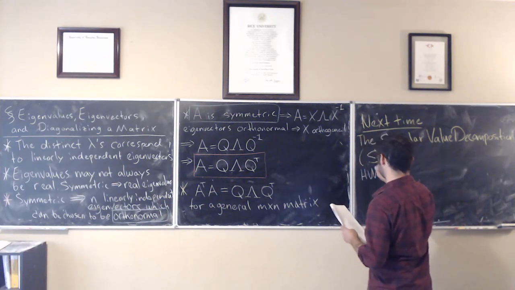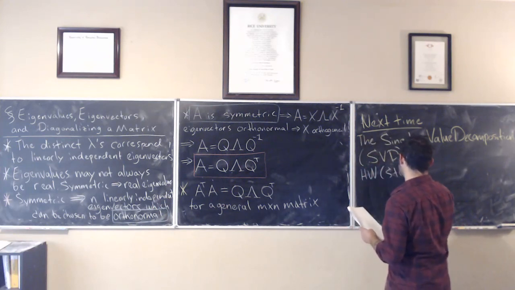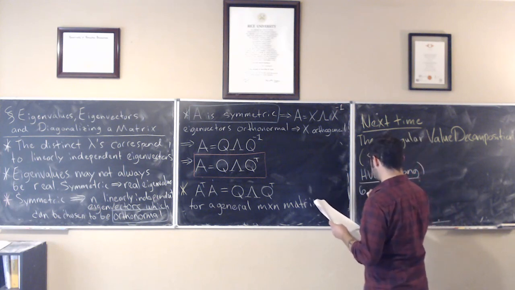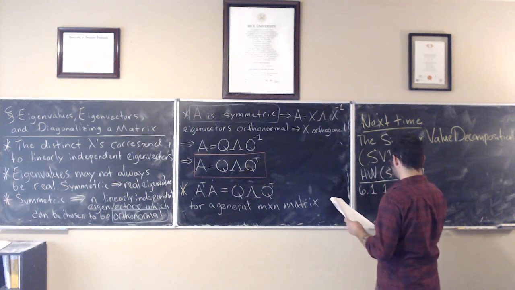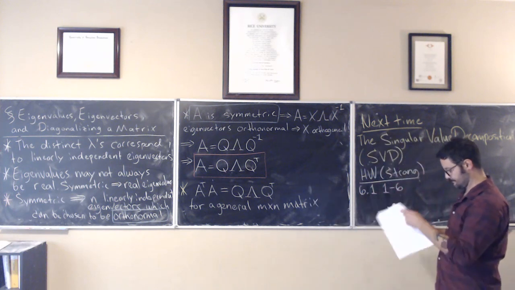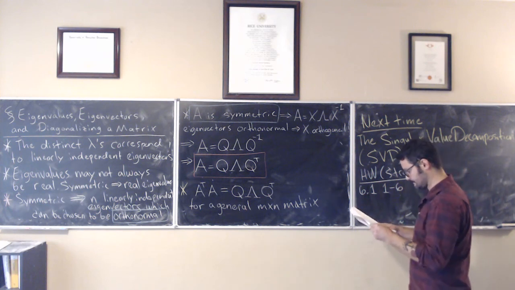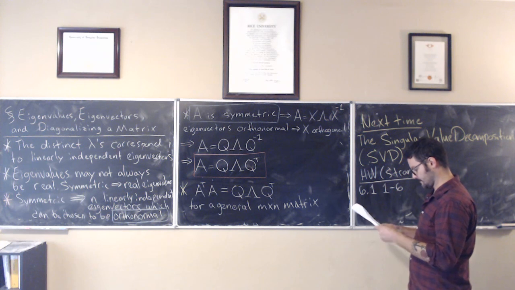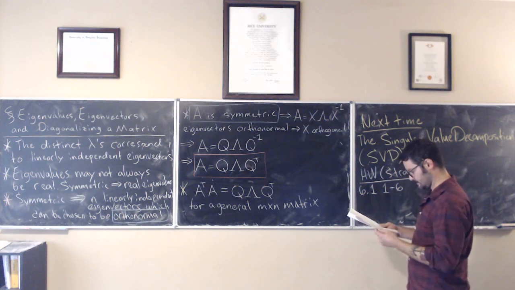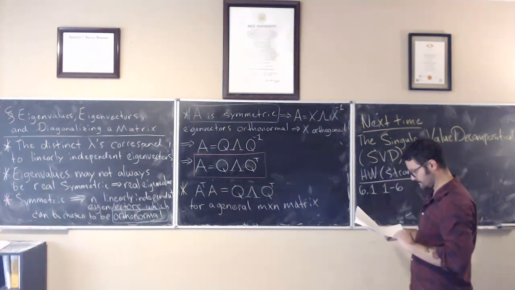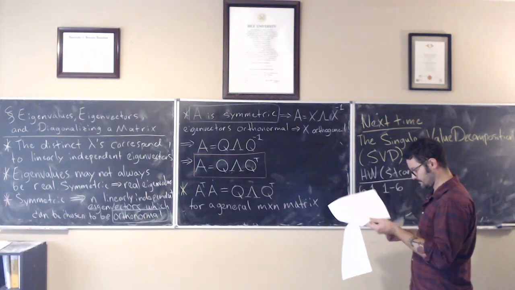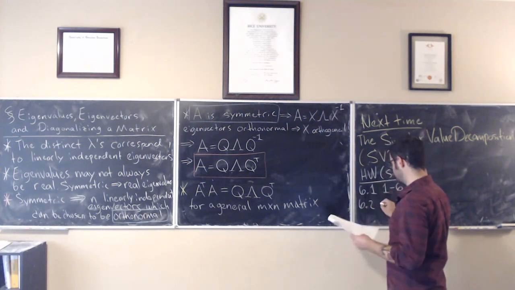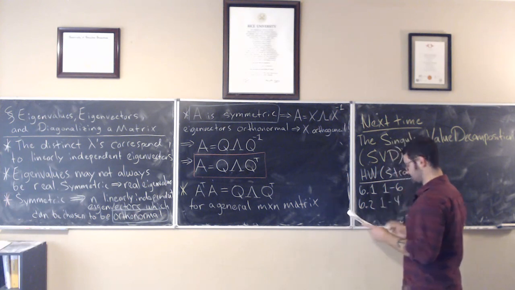This is from Strang. So 6.1, 1 through 6. And then 6.2, 1 through 4.